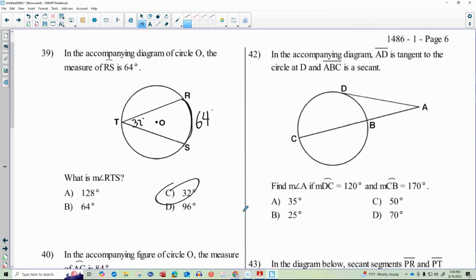Now this one right here is an angle that is formed by, remember, secants and tangents. So we're talking about this angle right here. If we're looking for this angle, there are two arcs that are important. The major arc, which is where that hits and that hits, still inside the angle, but on the far side of the circle.